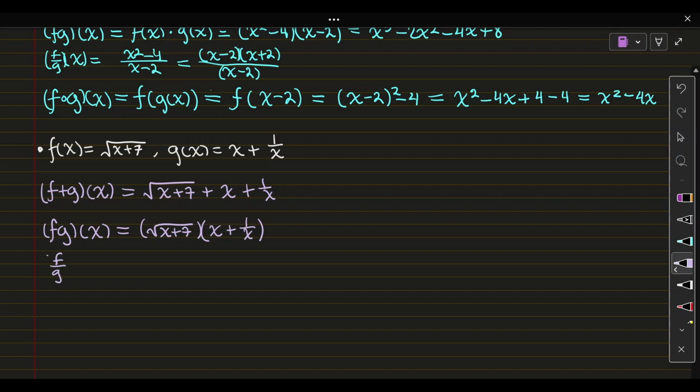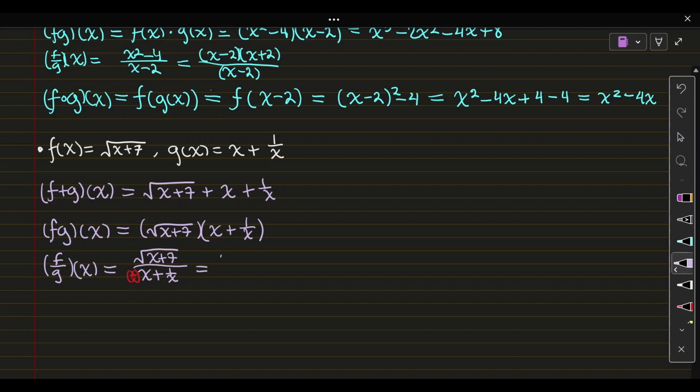F divided by g is the same as f of x over g of x. So that's the square root of x plus 7 over x plus 1 over x. If I want to be nice about things, I shouldn't have a fraction in the denominator, so I can give these a common denominator by multiplying by x over x.